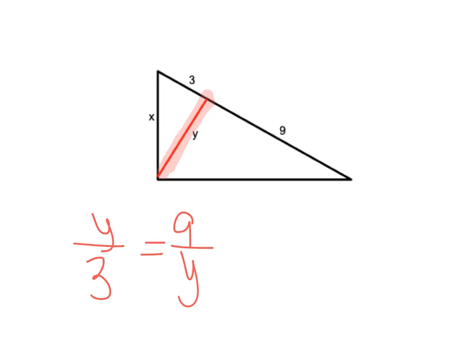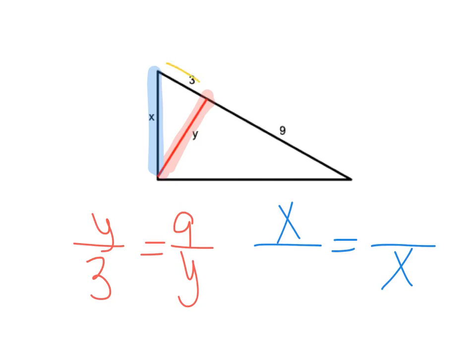The other one is x. Okay, x is a leg, and the leg is the geometric mean. So again, we're going to go ahead and make our proportion. x is the geometric mean of the two pieces it touches.